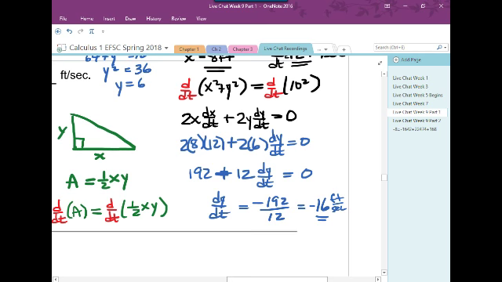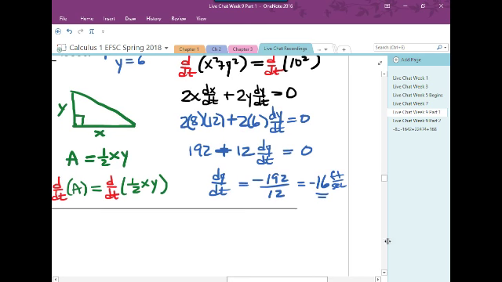Now, this can throw people off because, okay, on the left we just have dA dt, that's no problem. But on the right, notice that you have a product, right? You have 1/2 x times y.